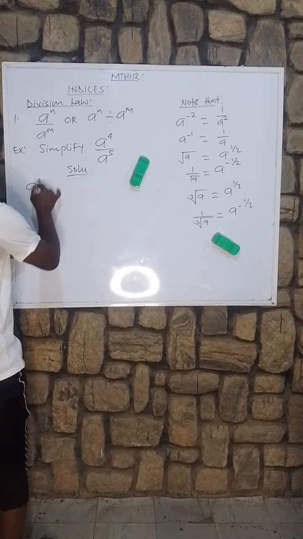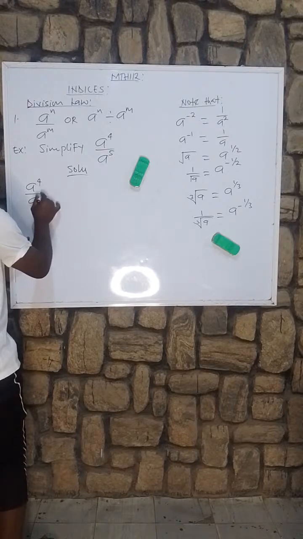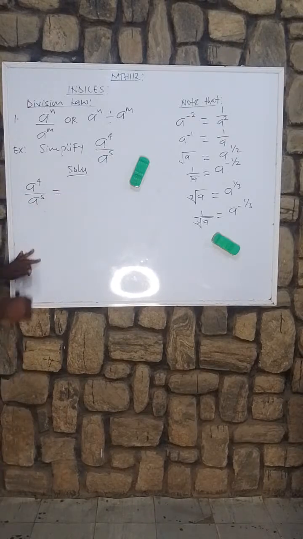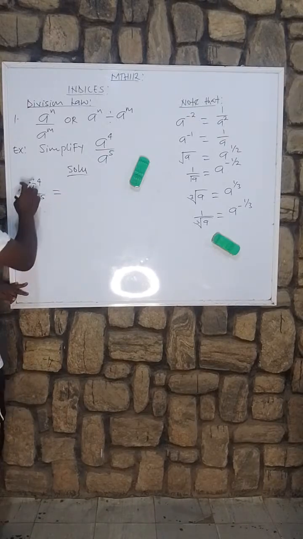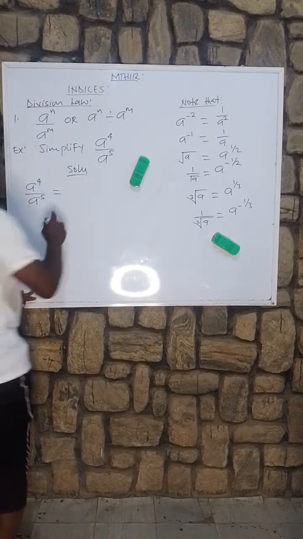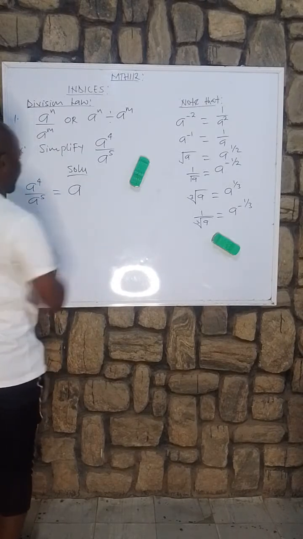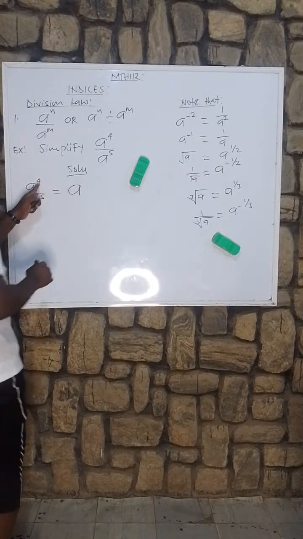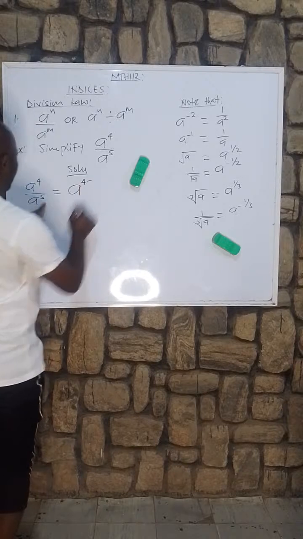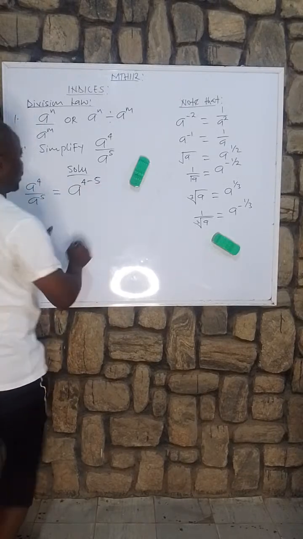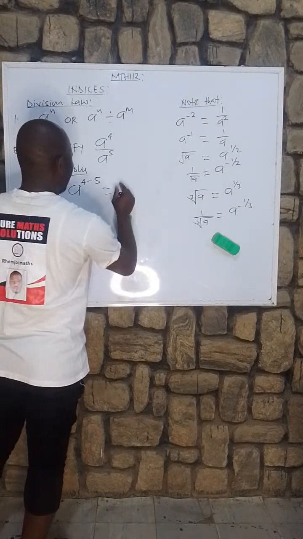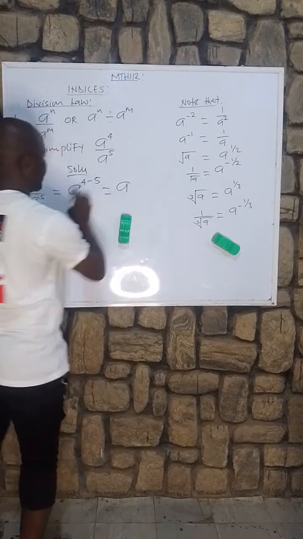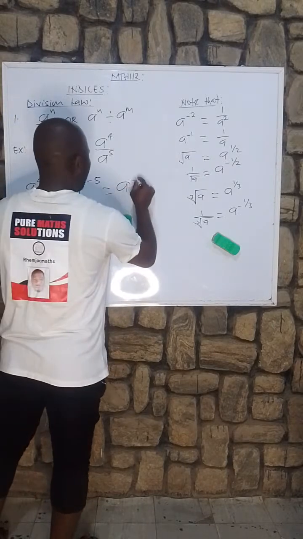A raised to the power of 4 all over A raised to the power 5 equals, since the bases are the same, you pick one of the bases, base A, and raise it to the power of 4 minus 5. So this gives us A raised to the power of 4 minus 5. We are going to have minus 1.